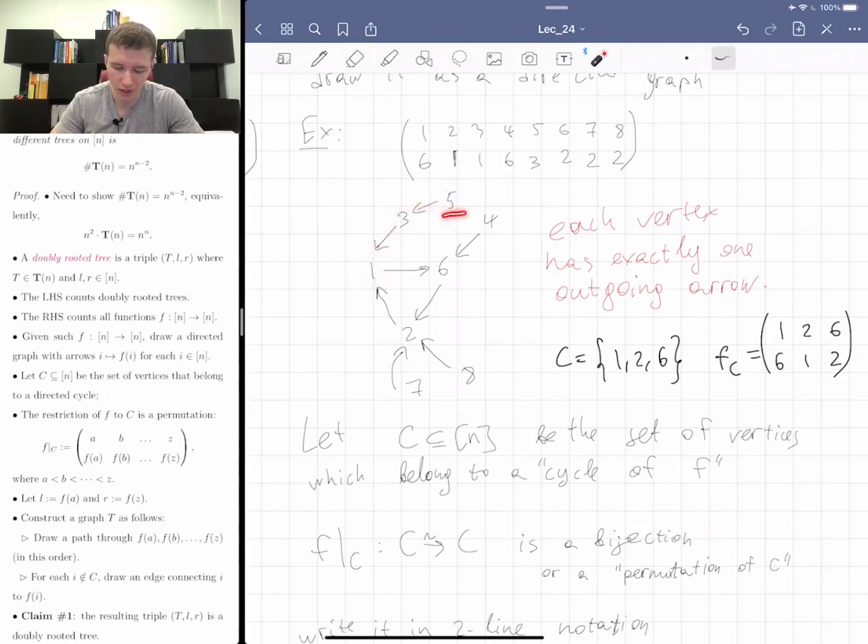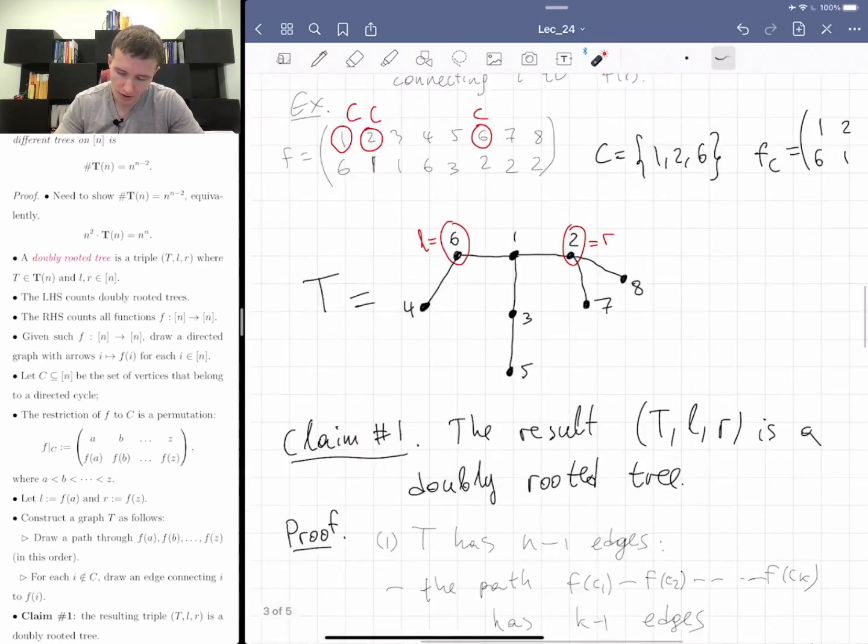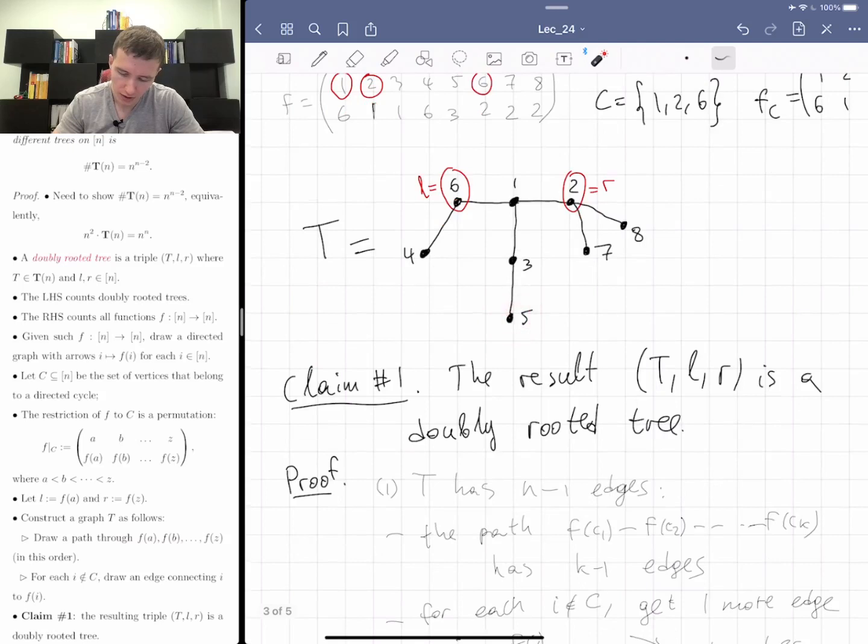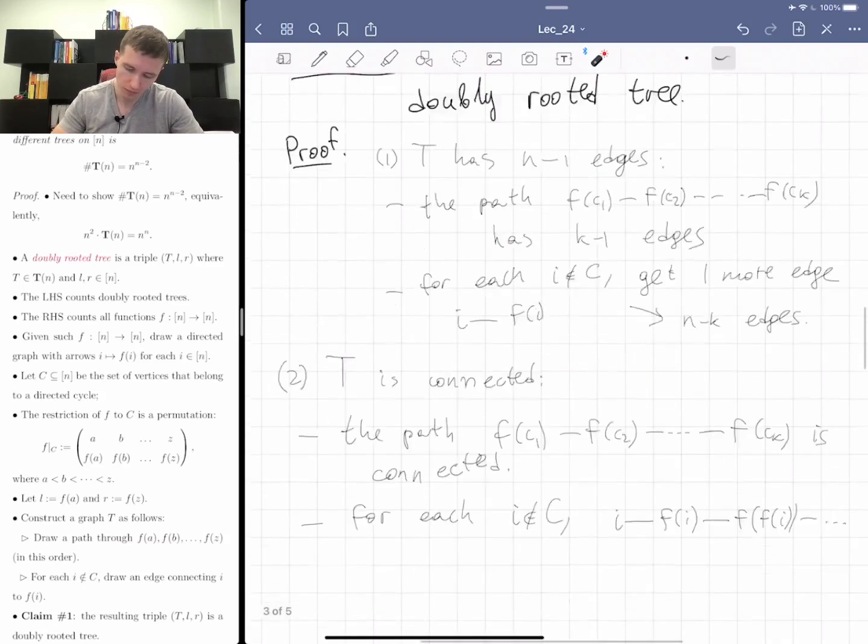Even though you started outside a cycle, at some point you arrive at a cycle. So 5 goes to 3 goes to 1, and in the tree we see that 5 is connected to 3, which is connected to 1, and 1 lies on the path from L to R.